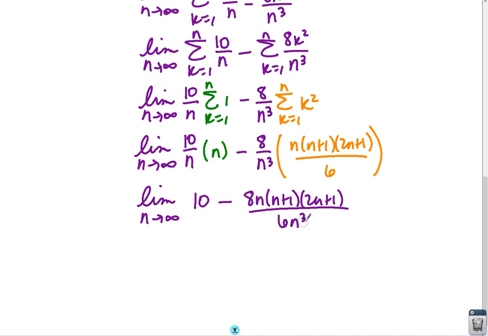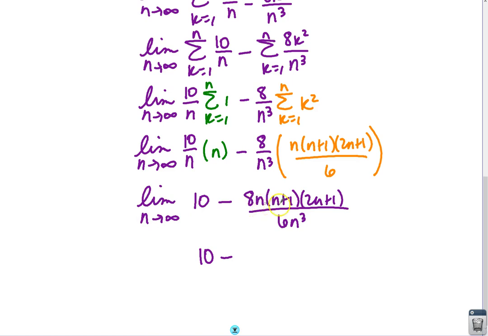So now I just have the limit as n approaches infinity of this. This part is just 10. Then minus, and now I have an infinite limit here, so I use my end behavior rules.